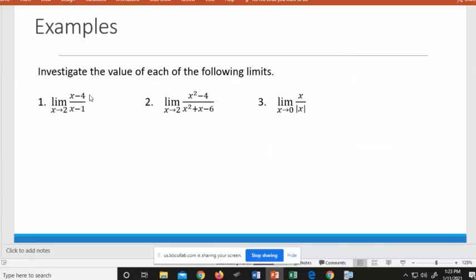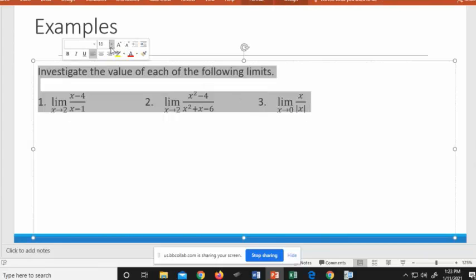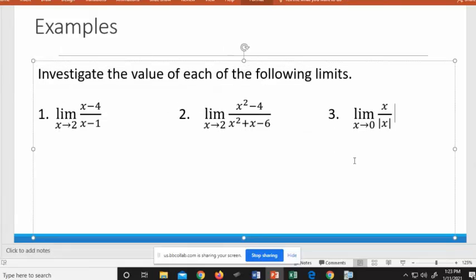Okay, well, let's try a few. We're going to investigate the value of each of these limits. And I don't know how we're going to do this. We may do this numerically. We may do it graphically. Okay, we'll see what we can come up with.